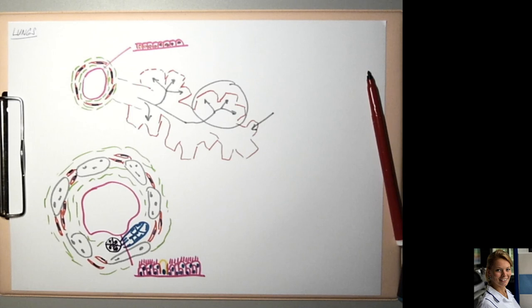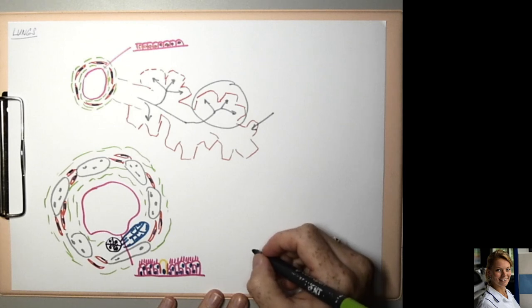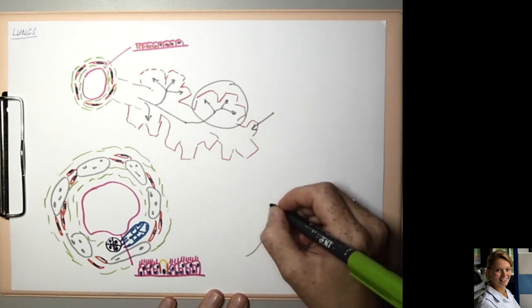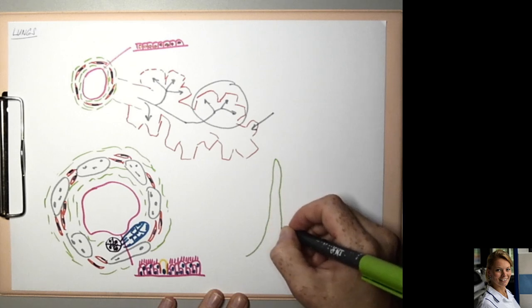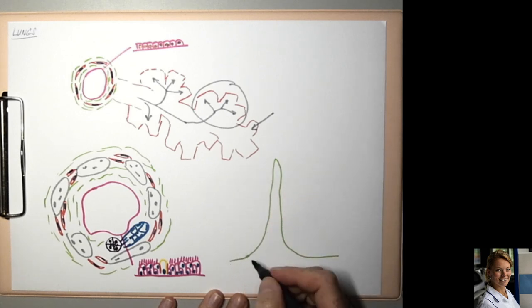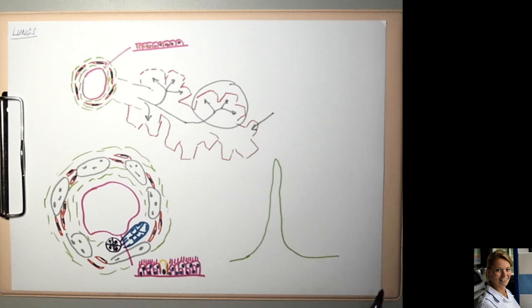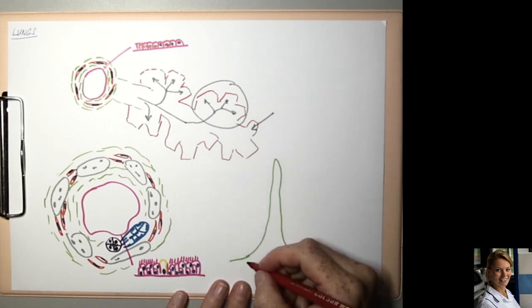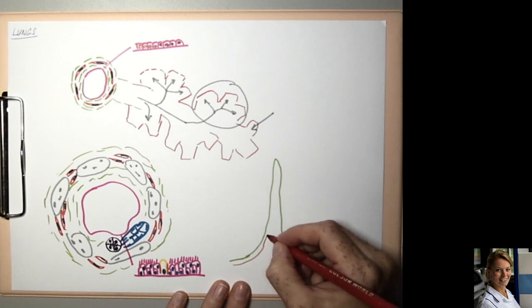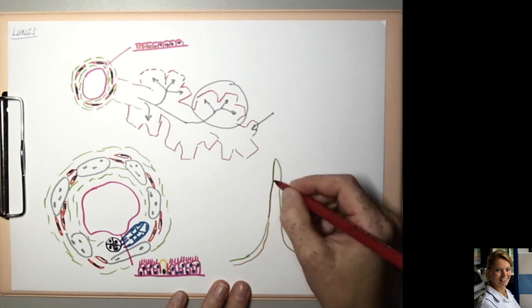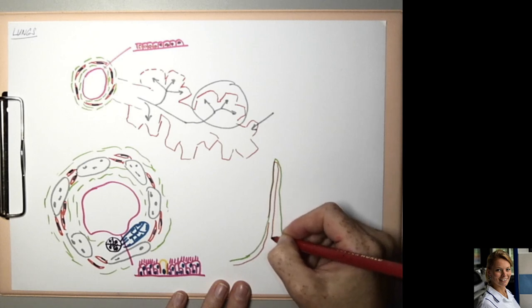Now we focus on the detail of the interalveolar septum, which is a fibrous plate separating individual pulmonary alveoli. So this is the septum. The interalveolar septum contains continuous capillaries which are lined by endothelial cells.